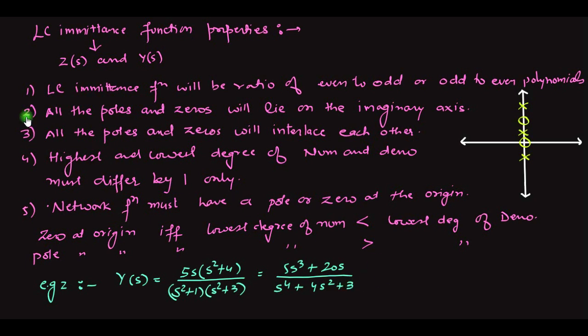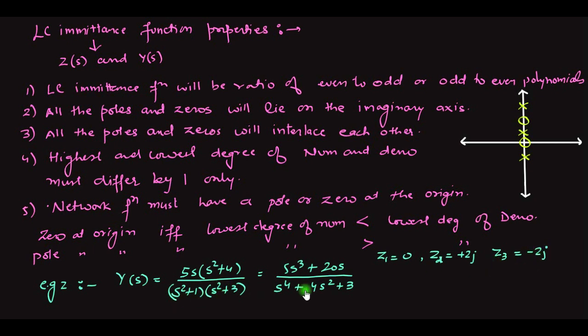Now let us check condition number 2, which says all the poles and zeros will lie on the imaginary axis. Let us calculate the zeros. Substituting the numerator to be 0, I will get the first zero to be 0. Then substituting the other factor to be 0, I will get another 2 zeros, the second zero lying at plus 2j, and the third zero lying at minus 2j.